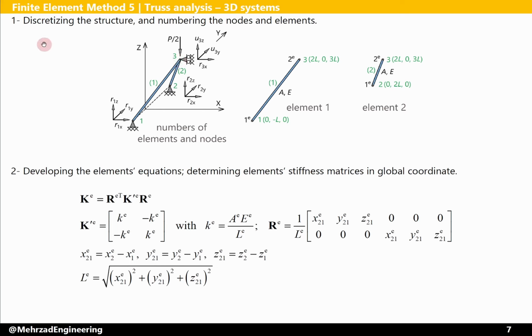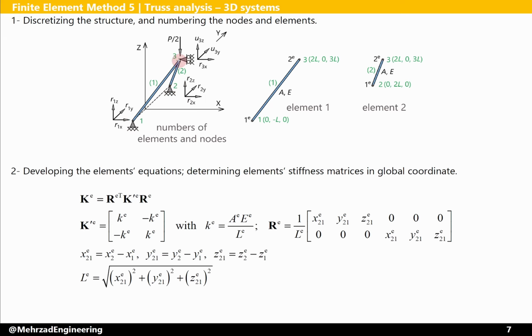For the solution, the first step is discretizing the structure and numbering the nodes and elements. I consider this element as element number 1, this element as element number 2. I consider this node as a node number 1, this node number 2, and this node number 3.